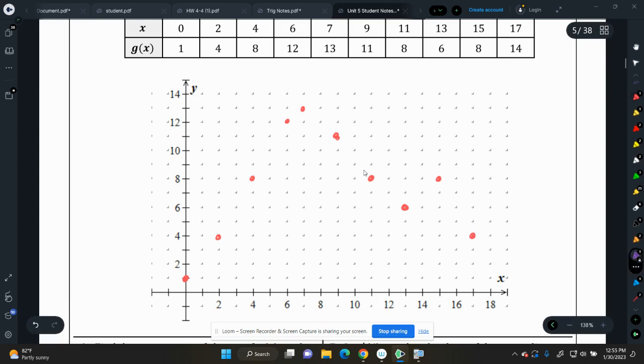Did I make a mistake? 17, 14. Oh, thank you. Get it right. Good job. Okay. So the key here is we don't have to be exact, but we do want to recognize that this is not a point, right?